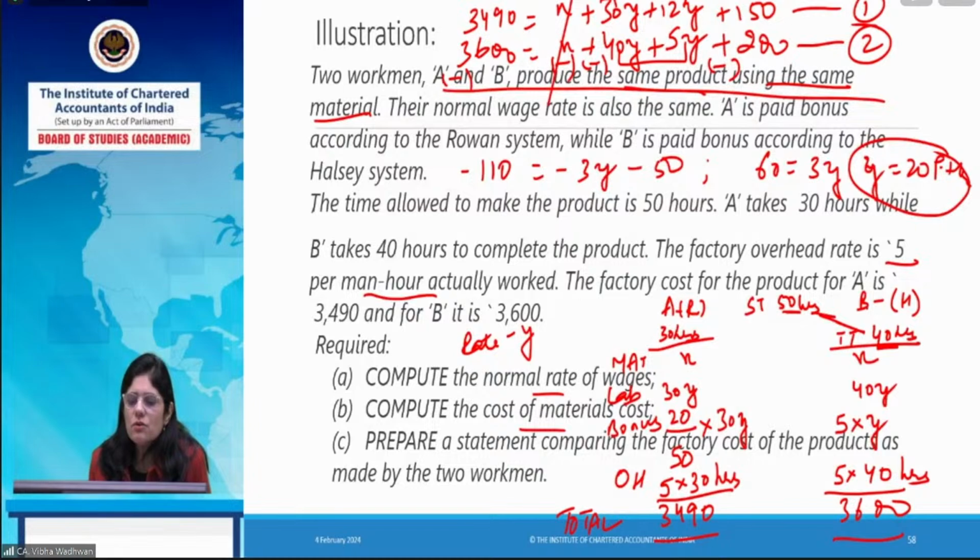Okay. So the rate per hour is 20. Any other answer? I hope the rate per hour is 20. Wage rate 7.5. Can anybody tell me the wage rate? As per my calculation, it's 20 per hour. Reconfirm the wage rate. Maybe I have done wrong. Any calculation mistake?